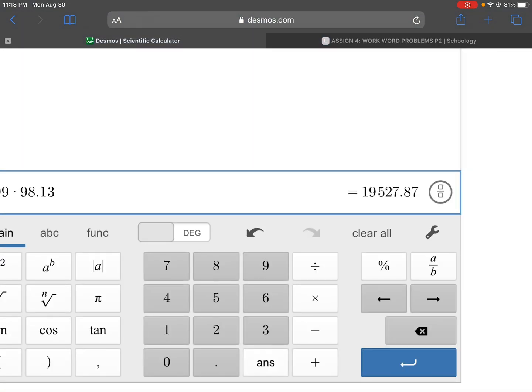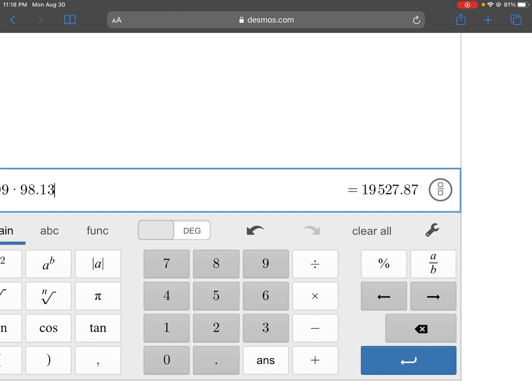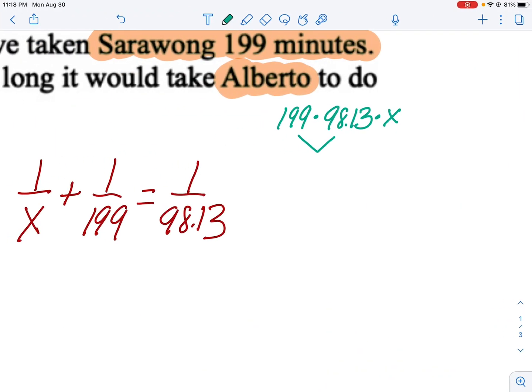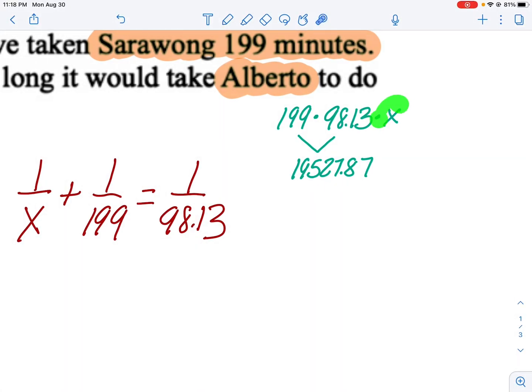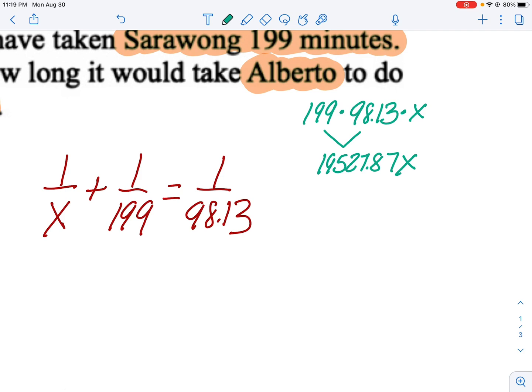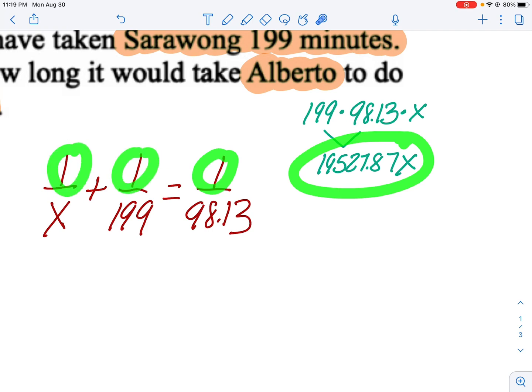And this x just comes down like that. This is what we're going to multiply by each one of these.